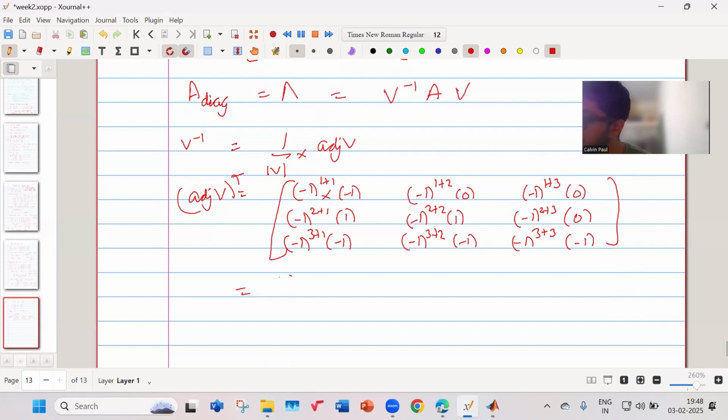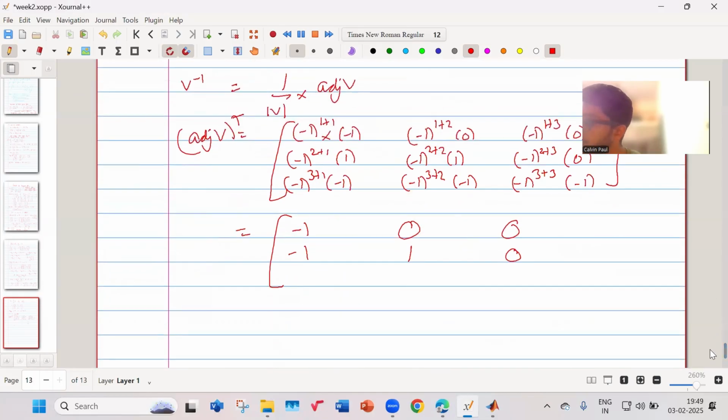So this actually is equal to minus 1 to the power 1 plus 1, which is minus 1 squared, so 1. So 1 into minus 1 is minus 1. This is 0. This is 0. Minus 1 to the power 2 plus 1 is minus 1 cubed, so it is minus 1. So this is minus 1. Minus 1 to the power 2 plus 2 is minus 1 to the 4, so this is plus 1 into 1 is 1. This is again 0. Here minus 1 to the power 3 plus 1 is 1 into minus 1, so it is minus 1.